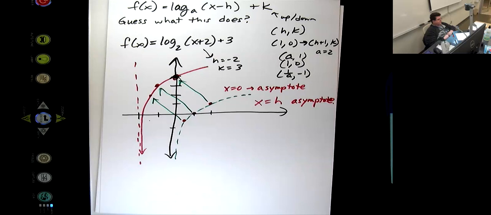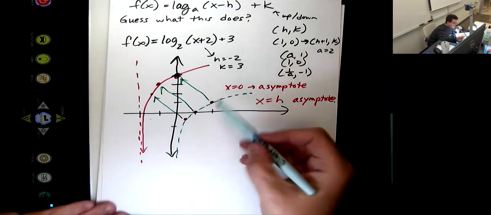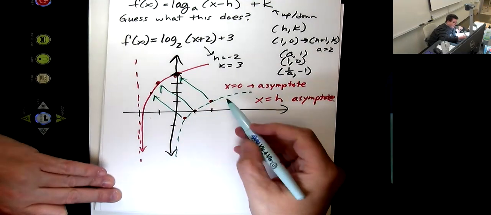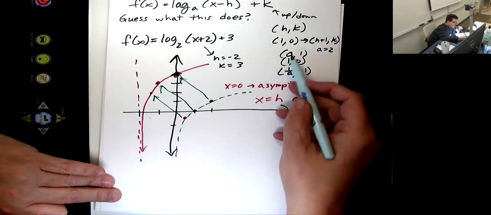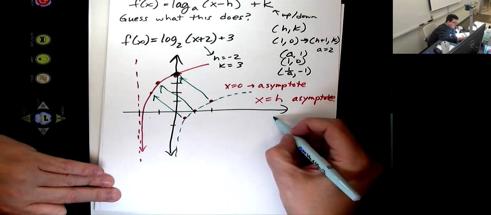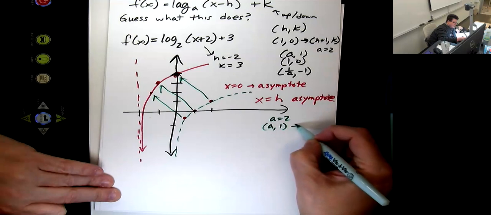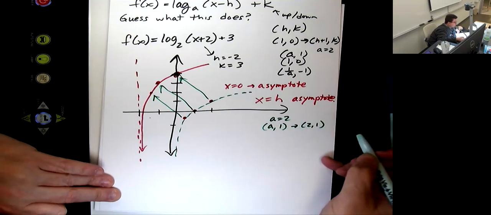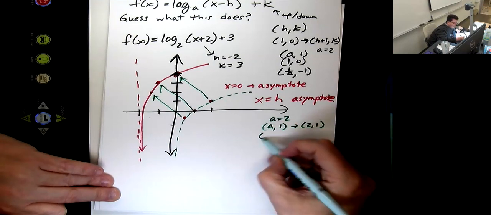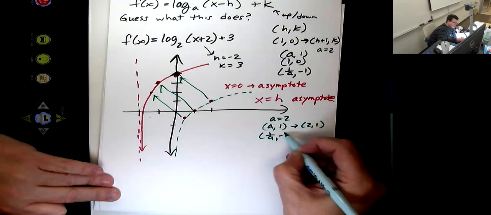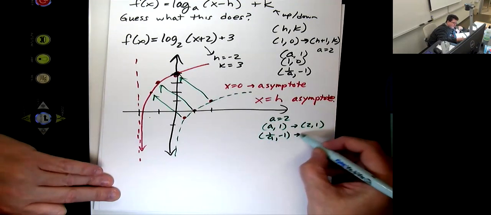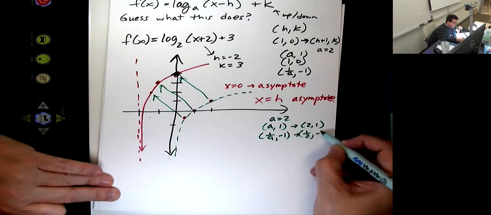Did you get those first sequence? On the green up? These points, yeah. It's a comma 1 and a was 2. So a comma 1 turns into 2 comma 1. And then we have 1 over a comma -1, and so this is 1/2 comma -1.